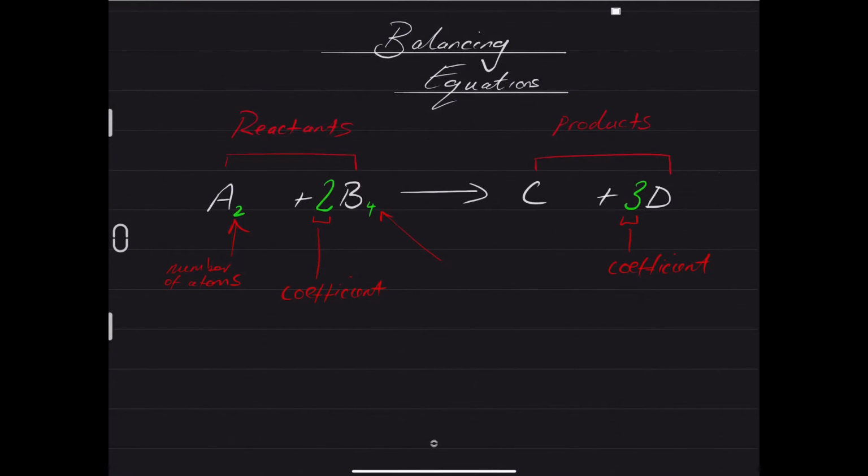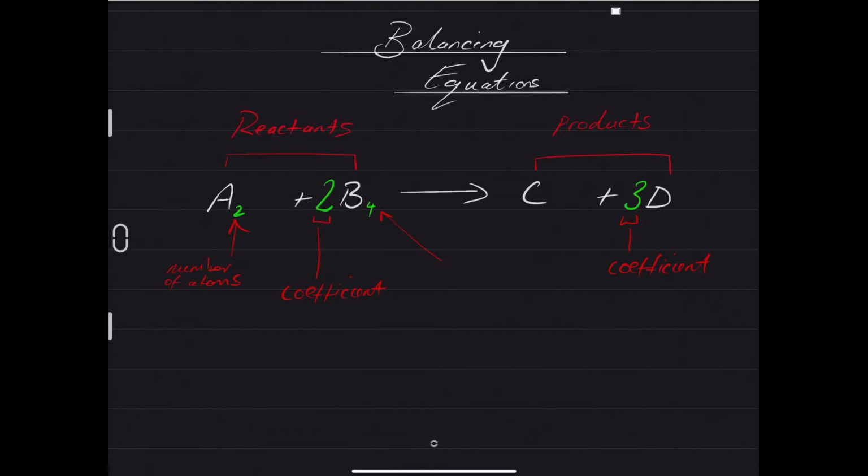So just going back to the coefficient, because this is where most students will struggle when they come to balance the equation. Just remember that the coefficient represents the relative numbers of reactants or products, and they are placed immediately before.